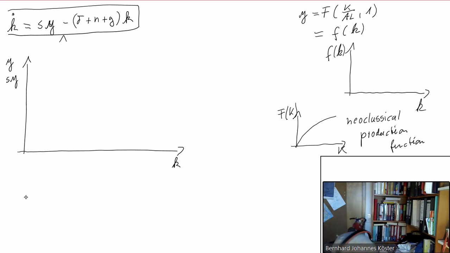So if you have a low production level, moving from 1 unit of K to 2 units of K, you have, so to speak, a large additional output. And if you are already at a high level, let's say 10 to 11, then the additional output is lower. So delta Y2 is lower than delta Y1.